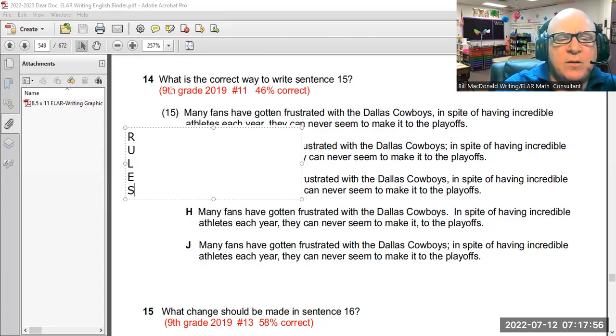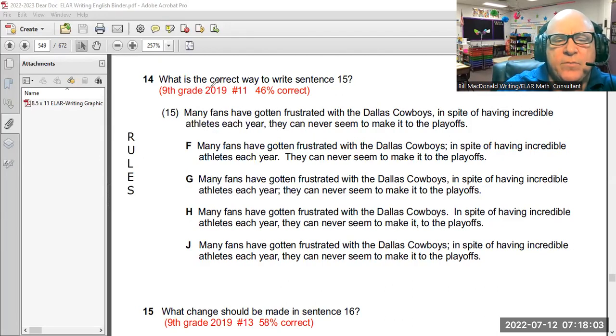So whenever the keywords say what is the correct way to write a sentence, we would bracket in the sentence. And again, for those of you who haven't heard, I like bracketing sentences for editing. That way you're not accidentally underlining and covering up periods and commas.